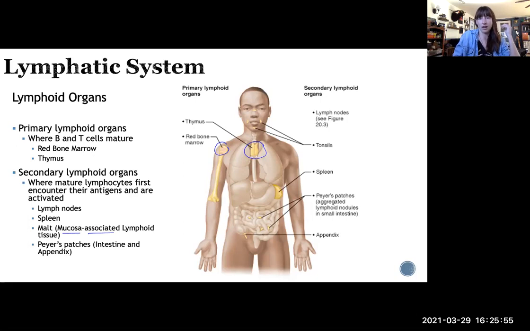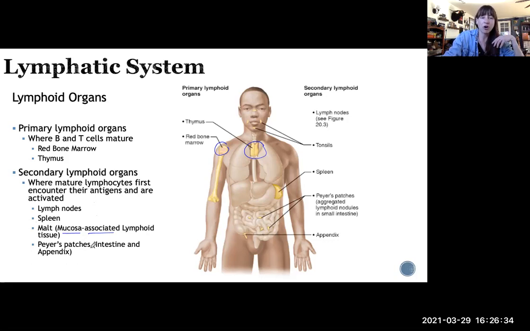So basically your orifices: your eyes, nose, mouth, back of your mouth, pharynx, throat, your reproductive openings, your urinary system openings, digestive system openings. Anywhere you have mucosa, which is epithelial tissue that also produces mucus and is not keratinized like your skin, you're going to have MALT. It's part of this diffuse lymphoid tissue.